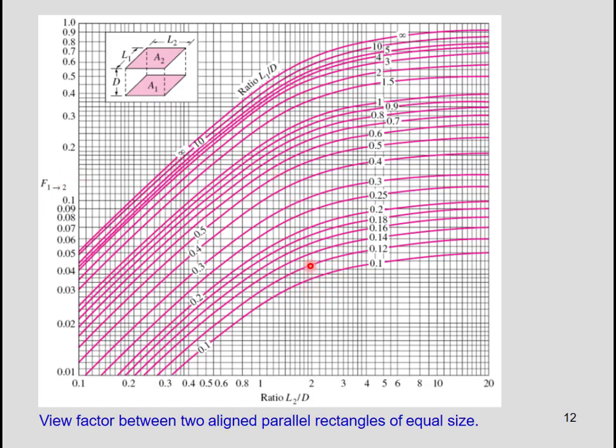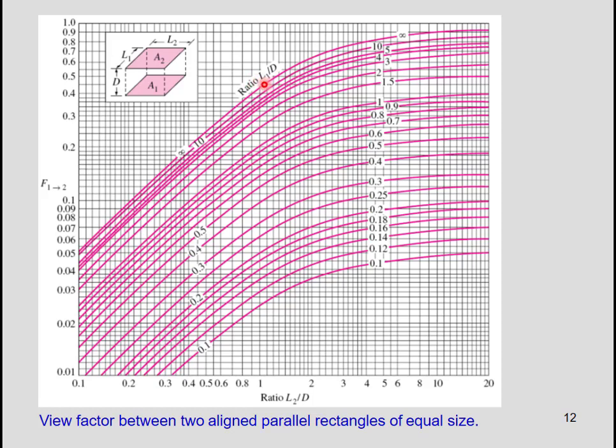And also you can see different curves for different ratios of L1 to D. As you can see here, with the same reasons, as this ratio is increased, the view factor is also increased.